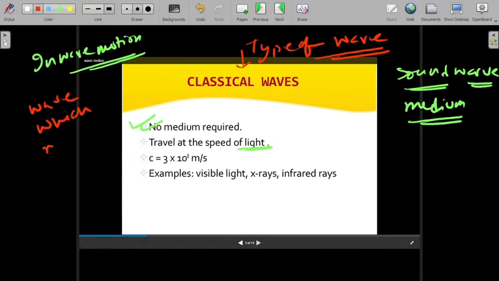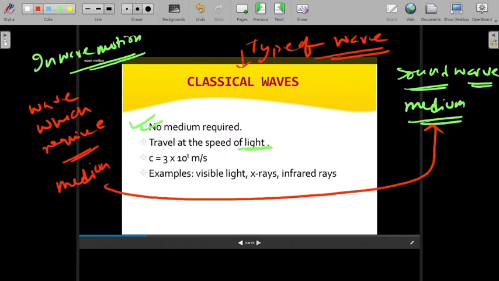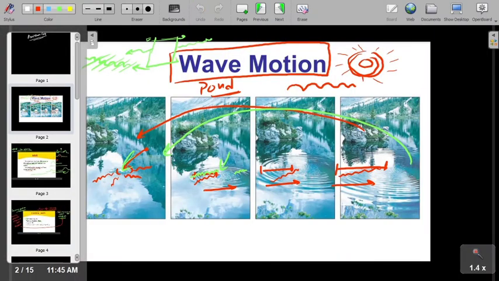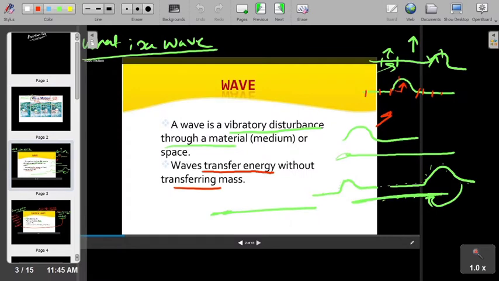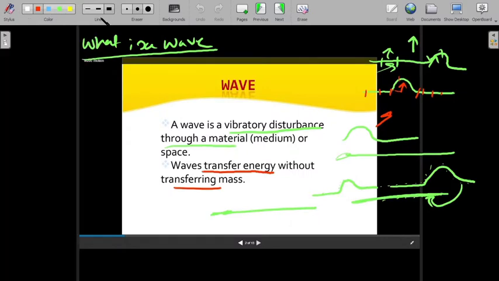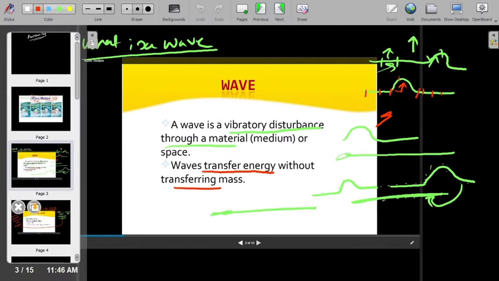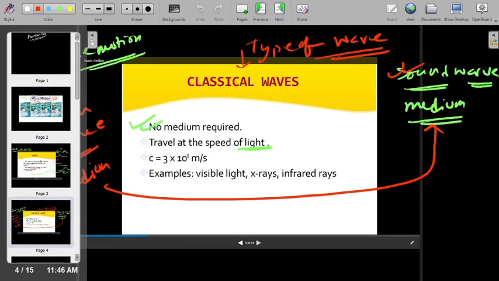Just like I have given this example, the sound wave, the sound wave requires a medium. Then we have discussed these examples, and in these examples there is a medium. Without a medium, this sound wave doesn't perform.